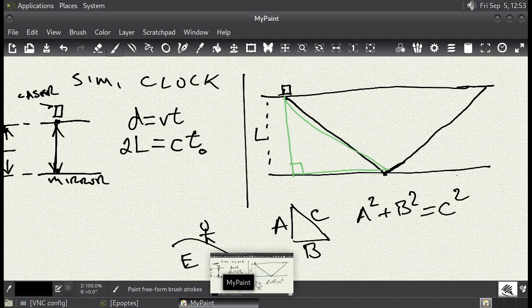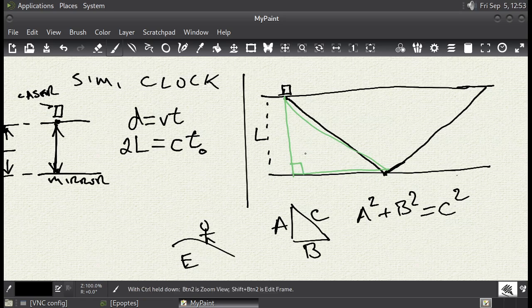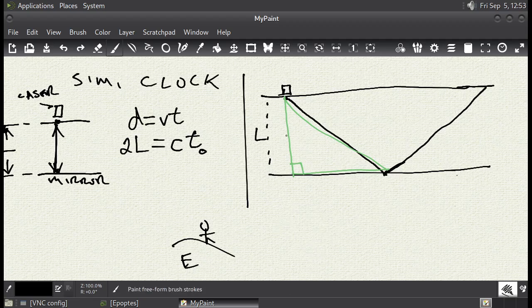Now, how do we relate that to these distances here? Well, let's erase this for a second. We don't have a, b, c. What we have is L. That's L squared, the vertical side here. Now, what's this side? The distance that it's traveling sideways is related to the velocity of the ship, correct? Remember, distance is equal to velocity times time.